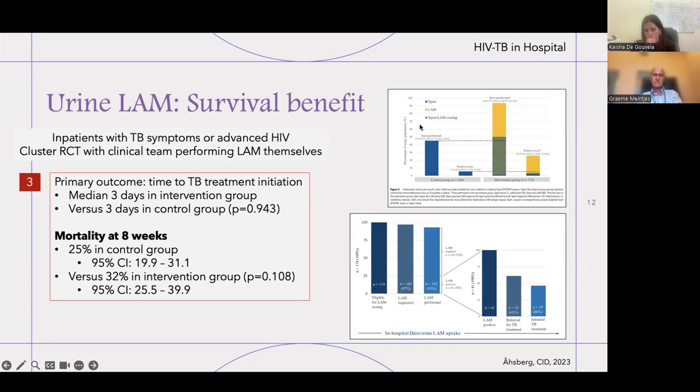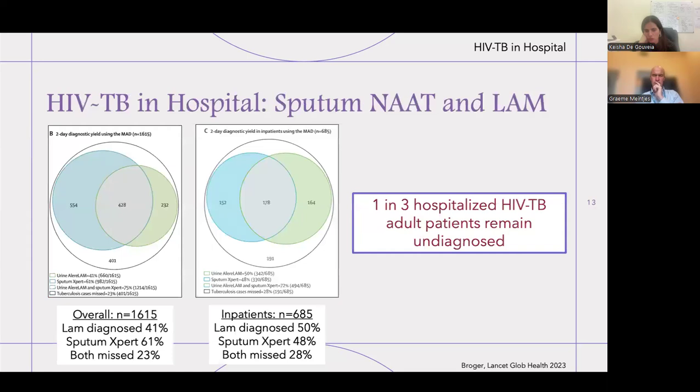And a reminder that this was all in patients with either TB symptoms or advanced HIV. So there's a lot to reflect on here in this new trial that's come out, and a lot of implementation science work that needs to go into this to fully understand it.